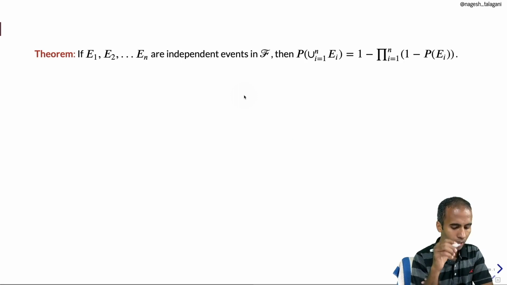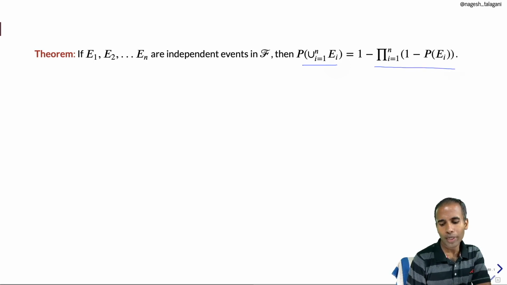Next theorem. If E1, E2, so on, En are independent events in the event space, then the probability of union i equal to 1 to n of Ei equals 1 minus product i equal to 1 to n of 1 minus probability of Ei. Earlier we used to deal with the probability of this union using the inclusion and exclusion principle.